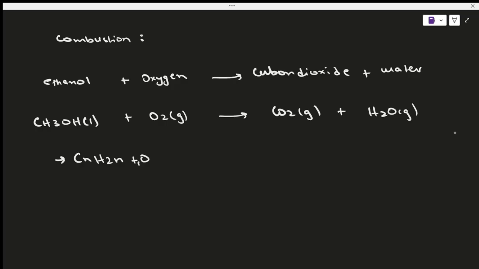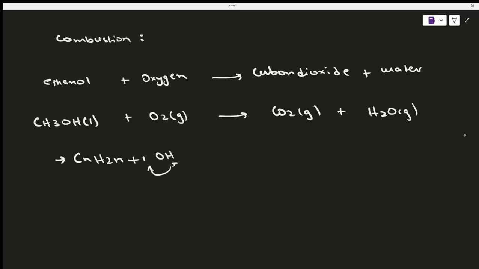That was CnH2n+1OH. This was the formula. Now for balancing it, we're going to take this H from here and add it here.